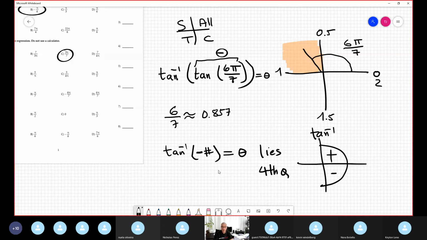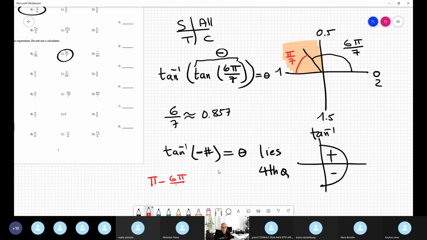Exactly. Now I'm going to find the actual angle. I compute the reference angle, which is this guy. By the way, it's pi over 7. Do you understand where pi over 7 comes from? It's pi minus 6 pi over 7.